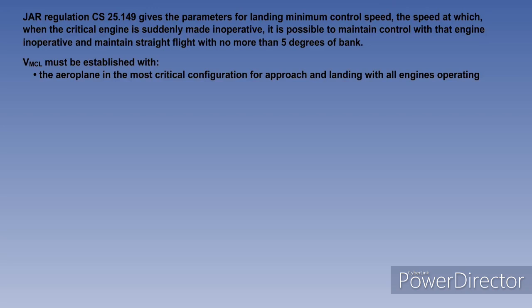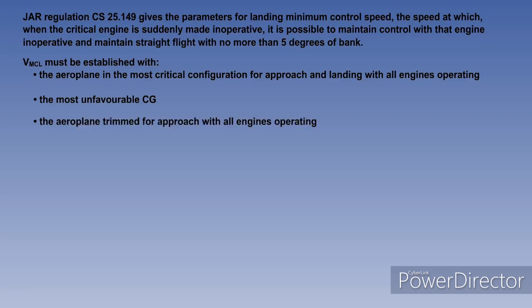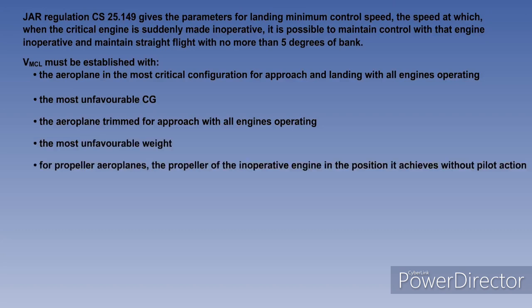The airspeed must be established with the aeroplane in the most critical configuration for approach and landing, with all engines operating, the most unfavourable CG, the aeroplane trimmed for approach with all engines operating, the most unfavourable weight. For propeller aeroplanes, the propeller of the inoperative engine is in the position it achieves without pilot action, and go-around power or thrust setting on the operating engine or engines.